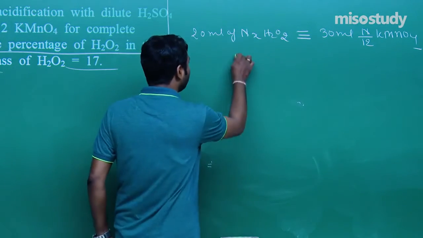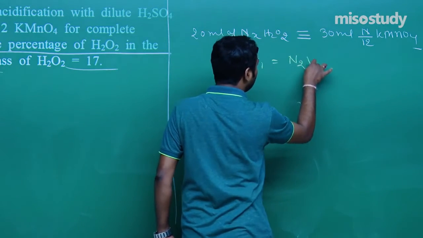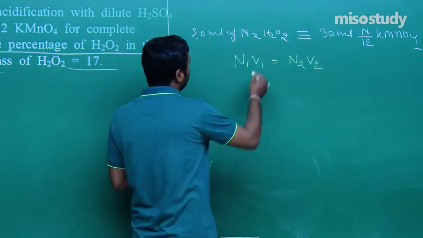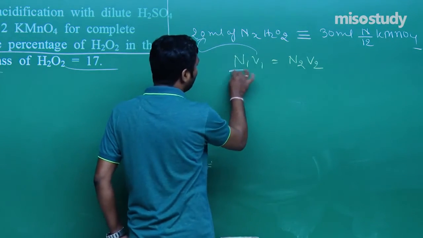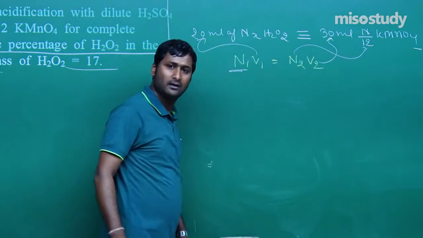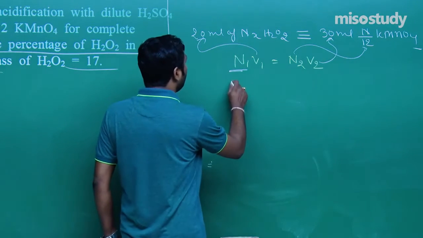Or you can write like this, N1V1 is equal to N2V2. Yes sir. This one is V1 and we have to find N1. This one is N2 and this one is V2. Yes sir, definitely.